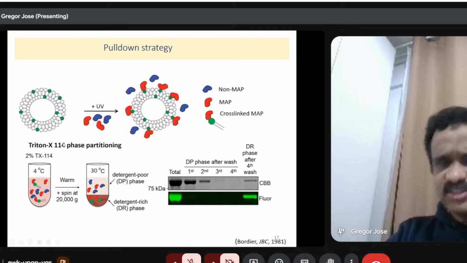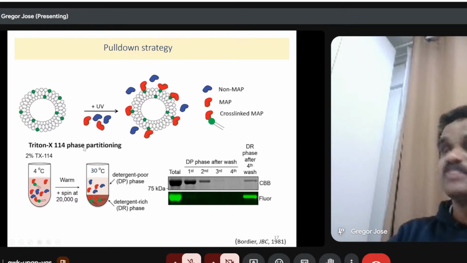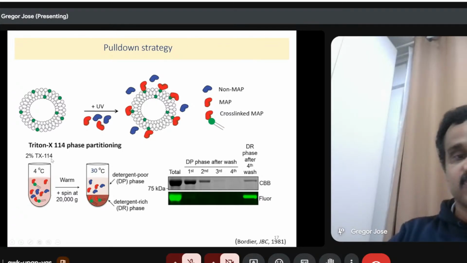So we used a simple technology called phase partitioning. The idea is that we use a detergent called Triton X-114. The specialty of this detergent is that at 2% TX-114 at 4 degrees centigrade, this is a solution. But if you warm this solution, it phase separates into two layers.